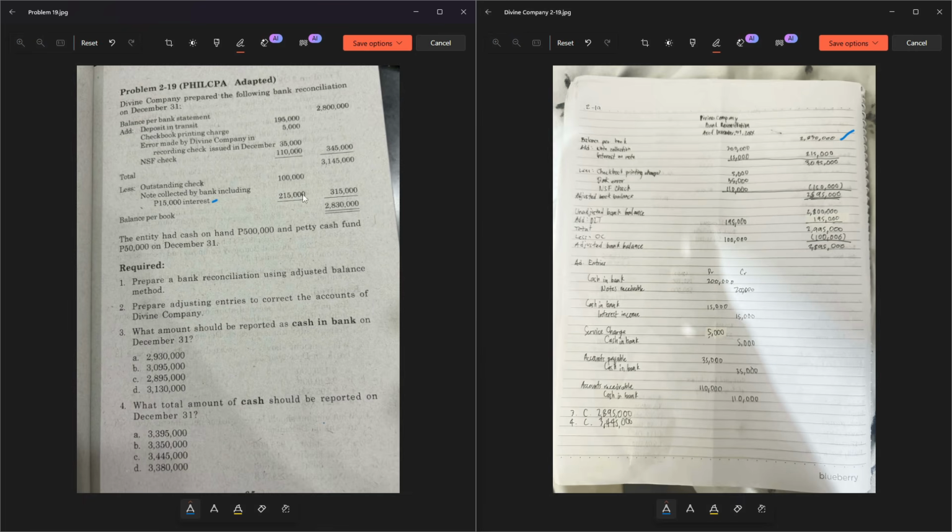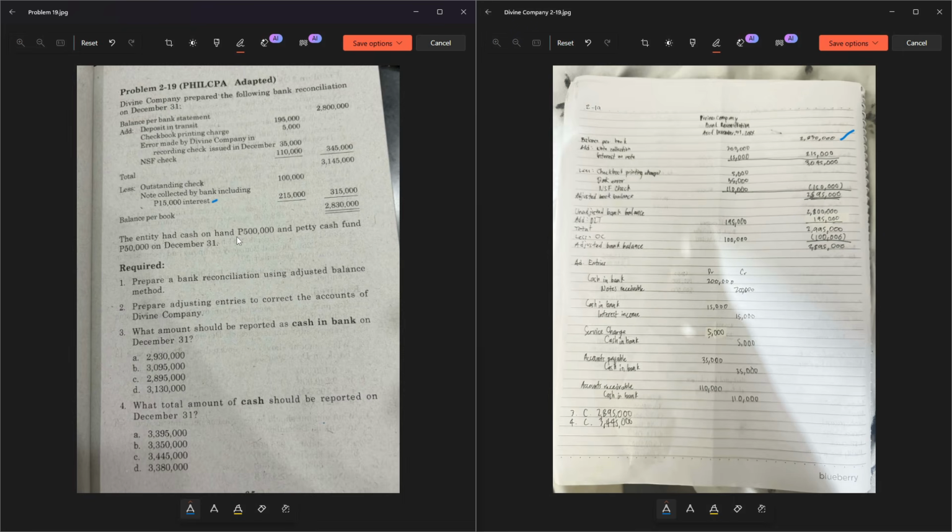So face value is 200,000, then interest of 15,000. That's why the total is 215,000 right here. So you add that to the unadjusted balance per book in order to get 3,045,000. Then you subtract the checkbook printing charge of 5,000, the book error of 35,000.